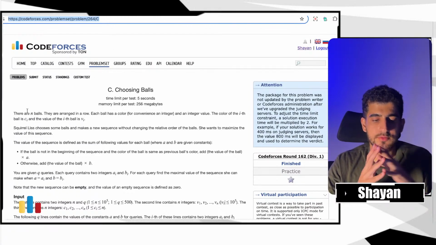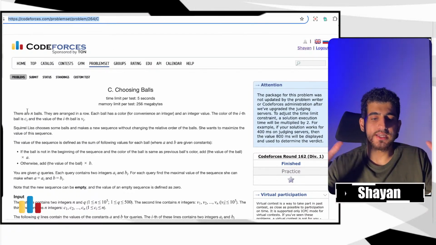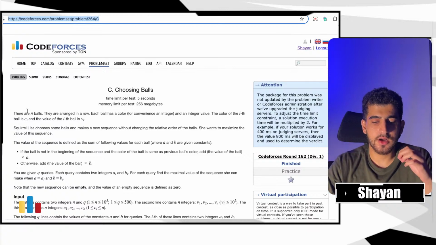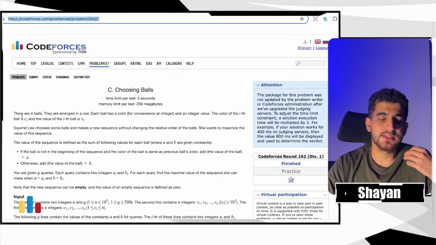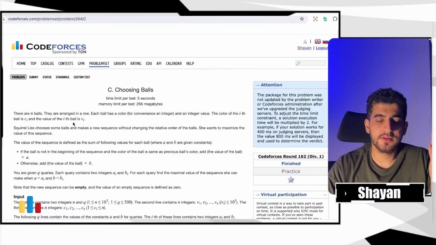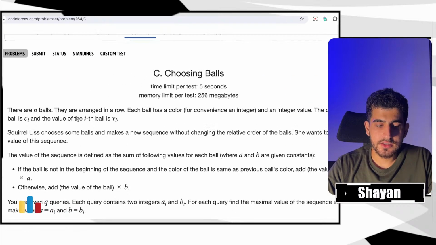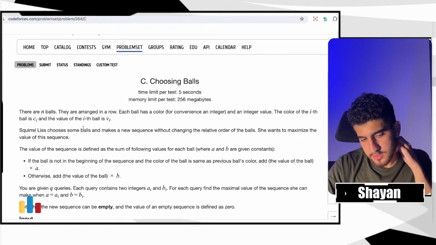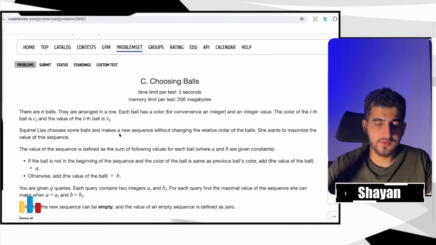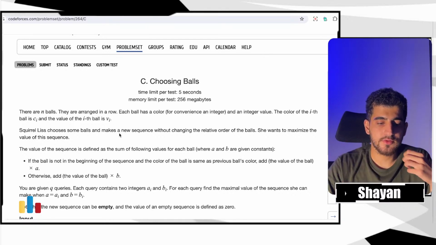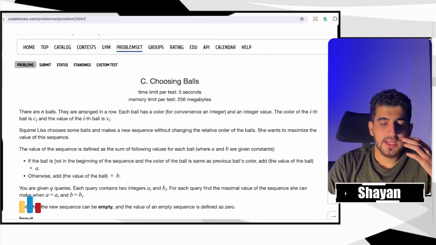It says that assume that you have n balls. Each of the balls has some color. The color of the ball number I is C sub I, and the value of the ball number I is V sub I. When you have a sequence of balls, the value of the sequence is defined like this.